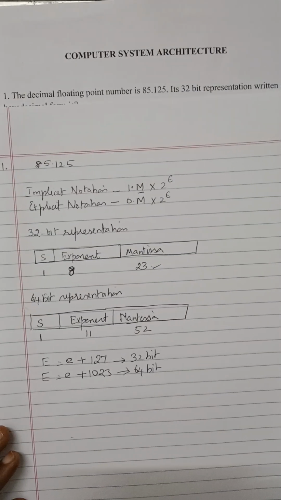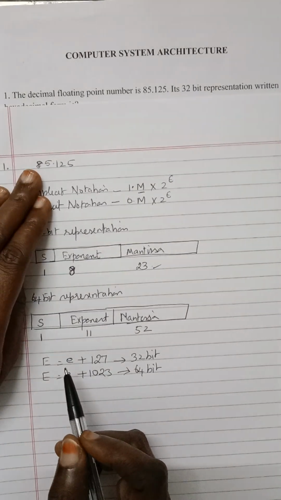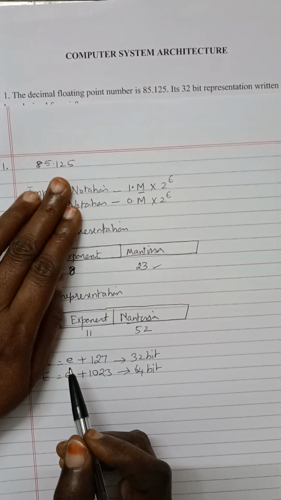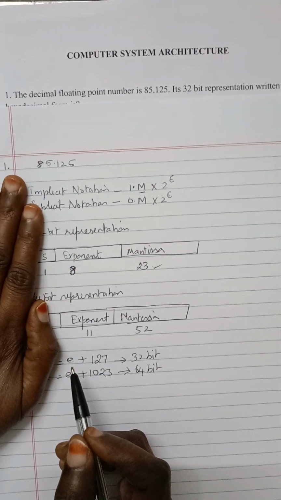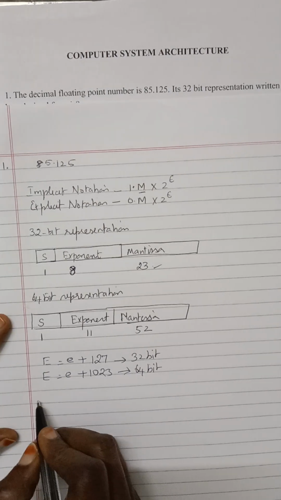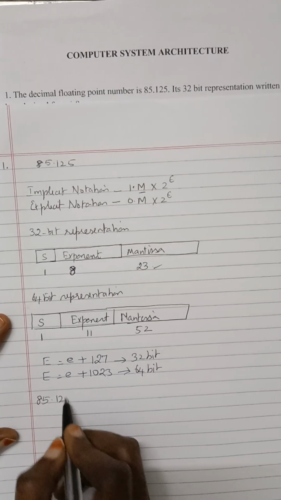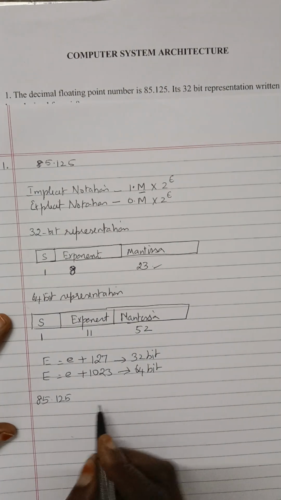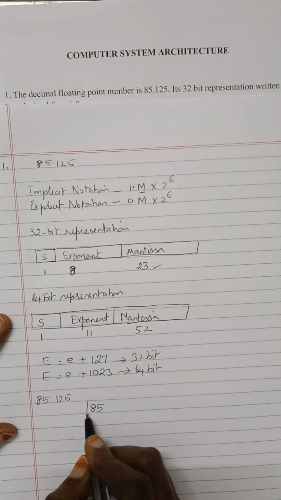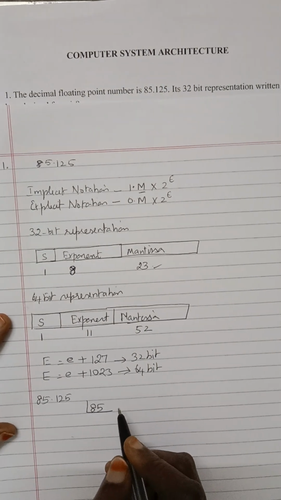First it is a decimal number, so first you have to convert this decimal number into a binary number, into ones and zeros, written in bit form. So how will you write the binary equivalent of 85?